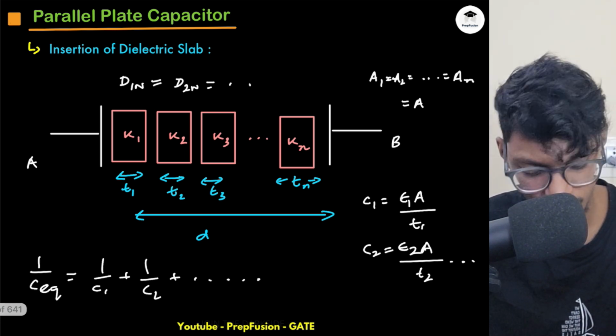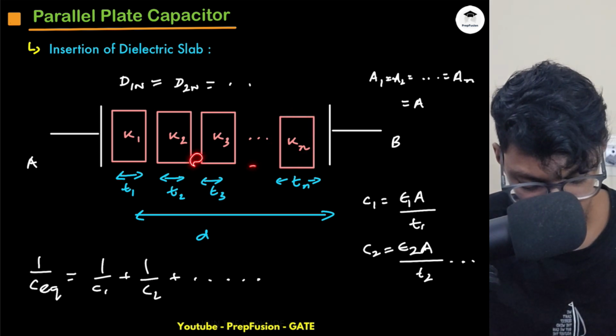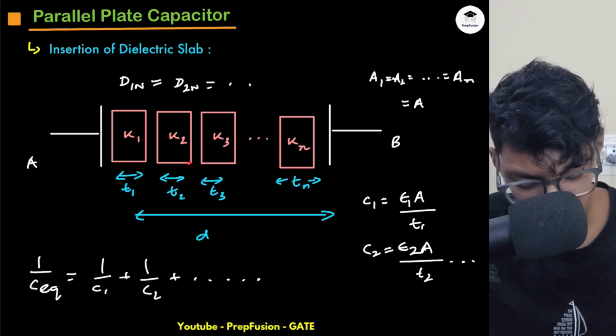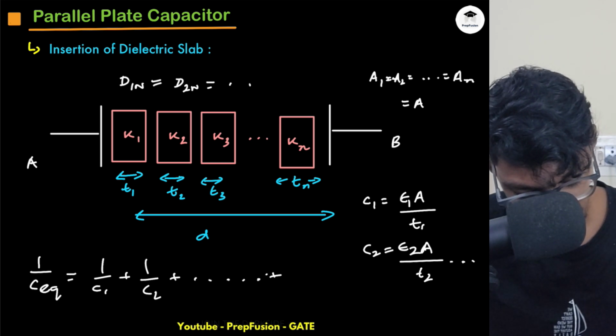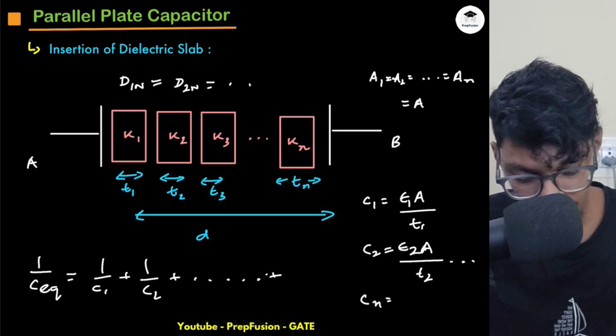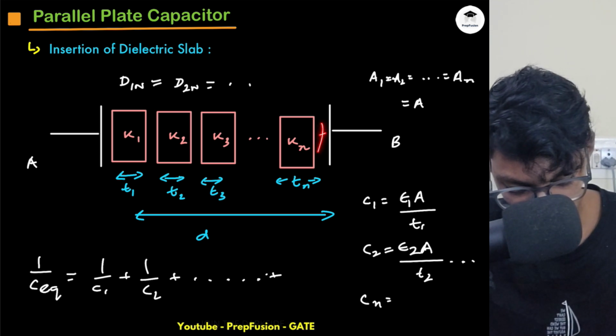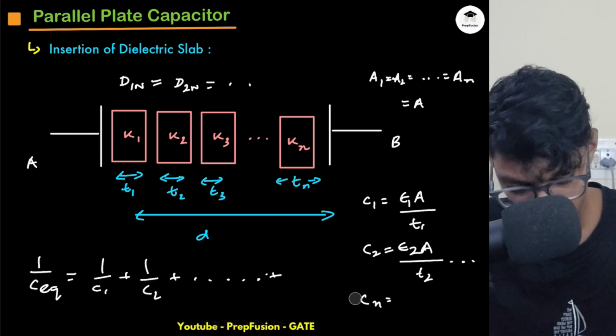I forgot to write one more thing, until what it will go. So let's say this is the nth permittivity, and they have some space in between, right? So what will be the space in between? The total space in between will be simply this D. I will write Cn here. Cn will be for the space where the relative permittivity is simply 1. What is the distance for that?